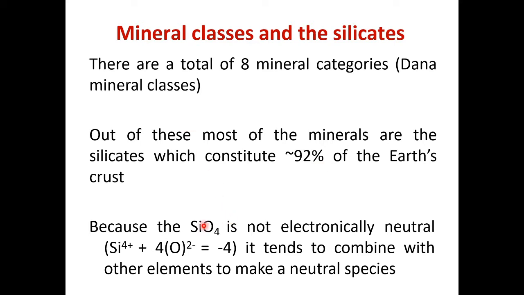Because SiO4 is not electronically neutral: silicon is 4 positive, oxygen is 2 negative, so there is a net 4 negative charge over SiO4, and that's why it tends to combine with other elements like cations to make a neutral species.